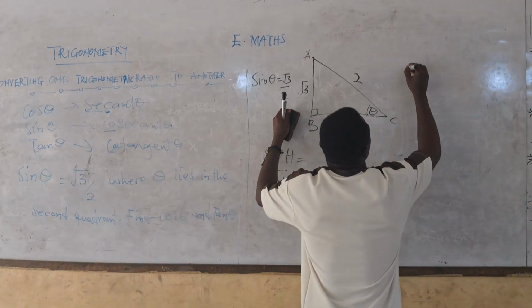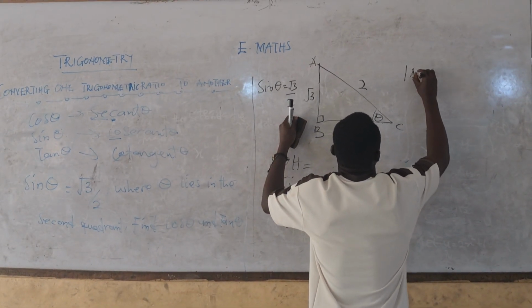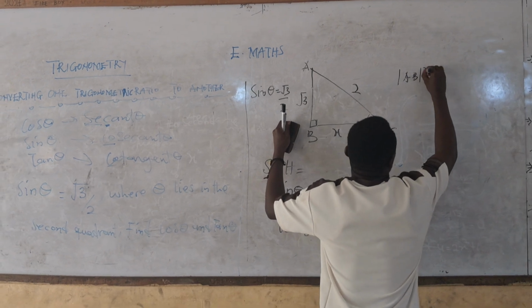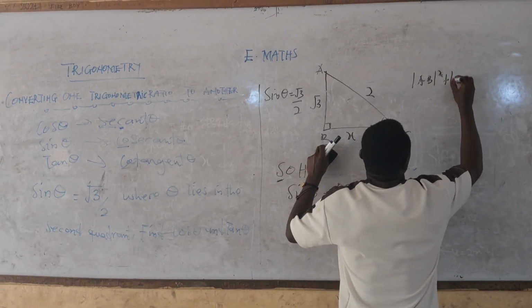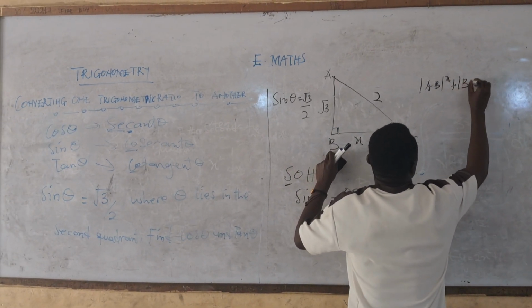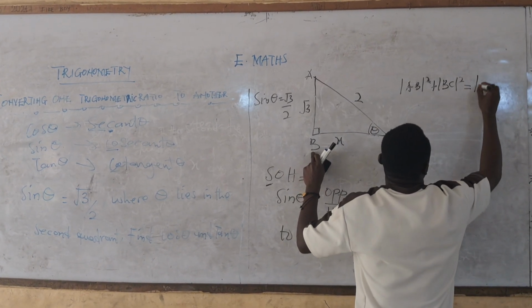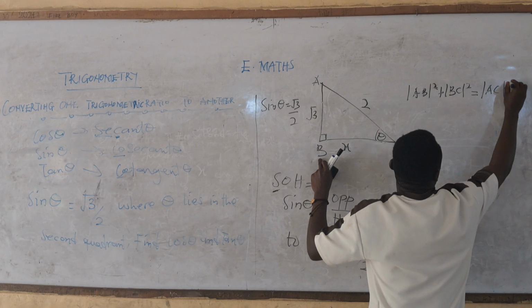That becomes the magnitude of AB squared plus the magnitude of BC squared, all equal to the magnitude of AC squared.